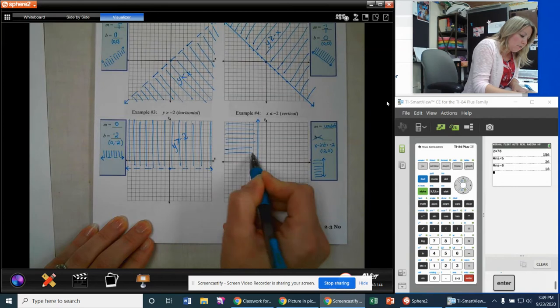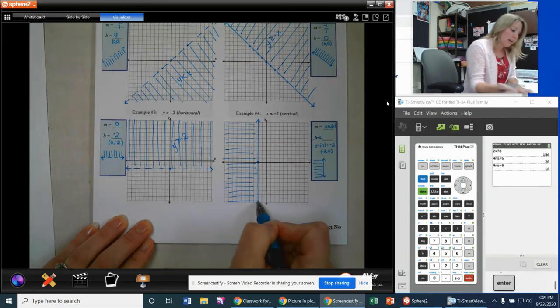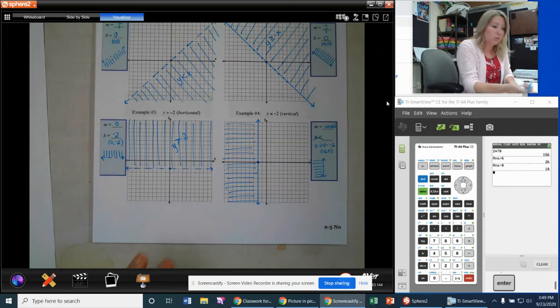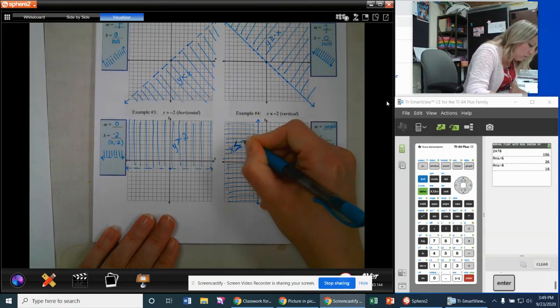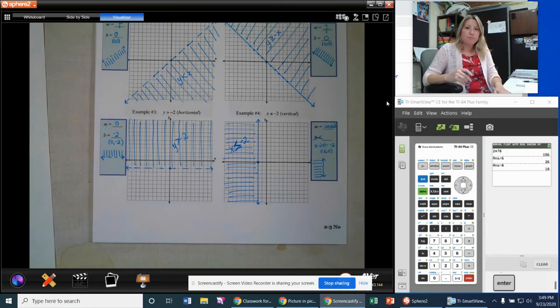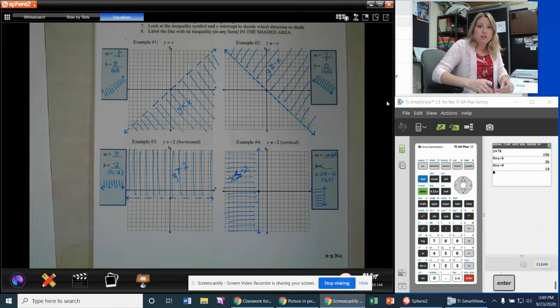And now here, everything to the left plus the line itself satisfies this inequality. It's all part of the solution set. And x is less than or equal to, well, I can fix that pretty easily. There we go, less than or equal to -2. All right. Not too bad.